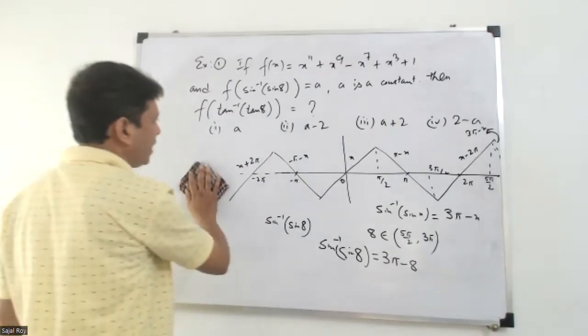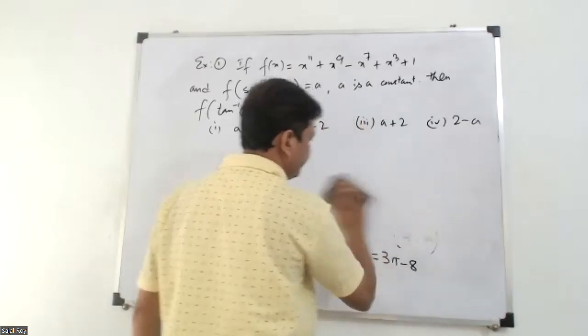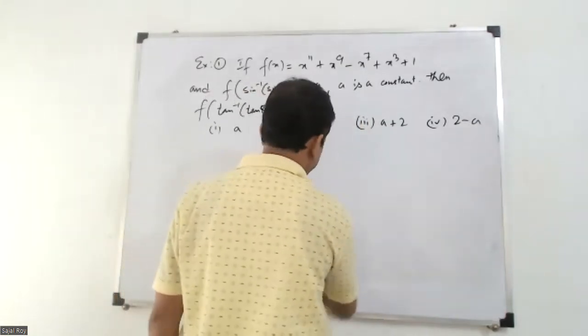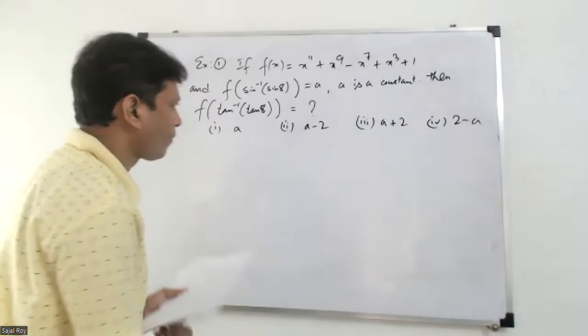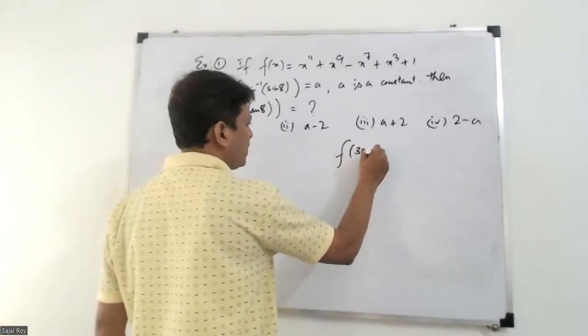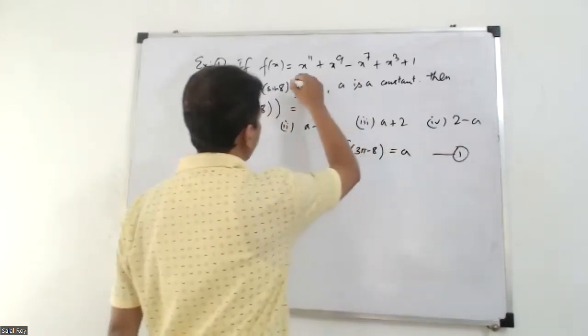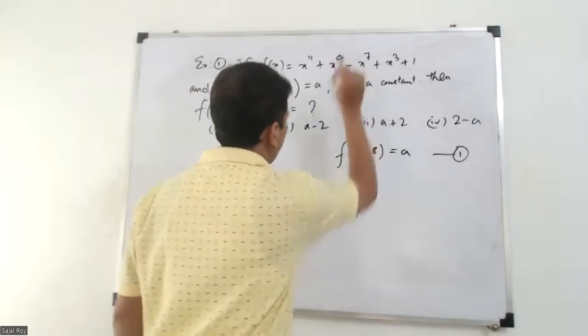So now I will draw tan inverse tan x. So you can calculate: 3 pi minus 8 equal to a. This is according to this one, sin inverse sin 8, basically this one.